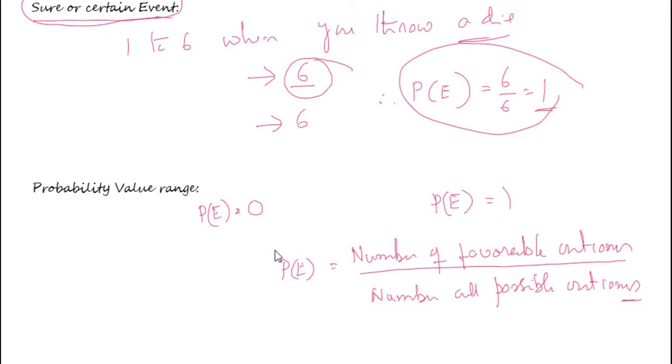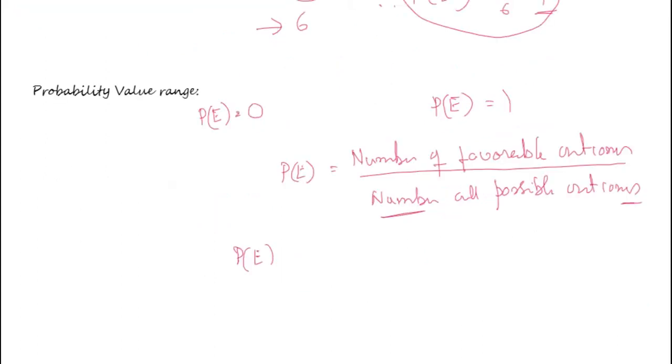So number of favorable outcomes will never be more than the total number of possible outcomes. When number of favorable outcomes is 0, then P(E) value will be 0. When number of favorable outcomes is equal to the total number of possible outcomes, then P(E) value will be 1. In all other cases, where number of favorable outcomes is greater than 0 and less than number of all possible outcomes, P(E) value will be greater than 0 and less than 1.